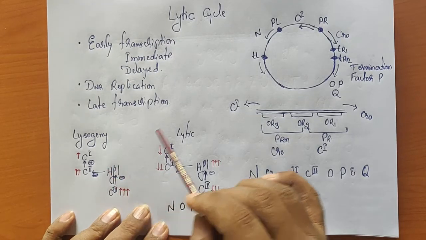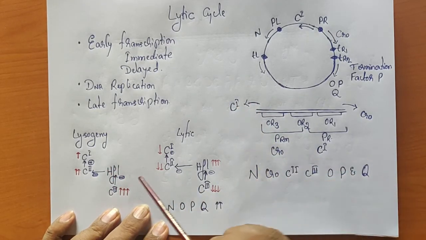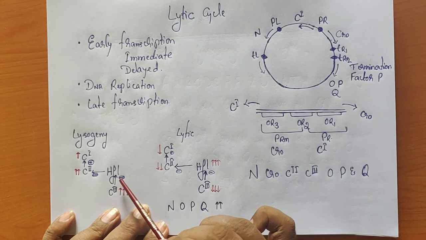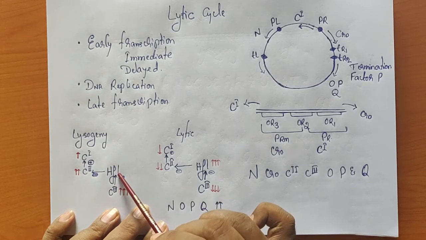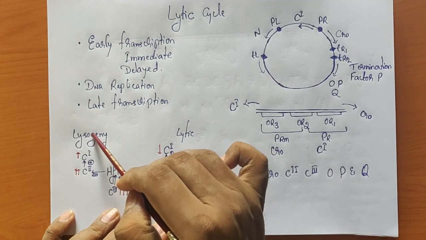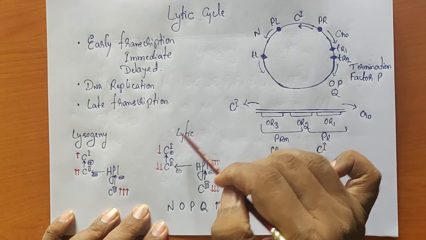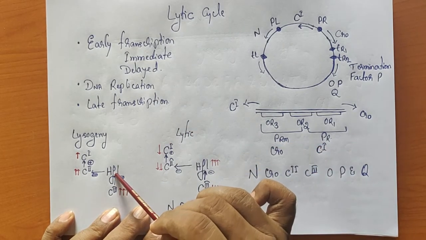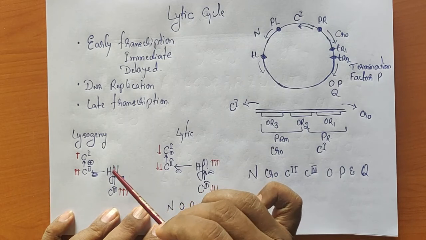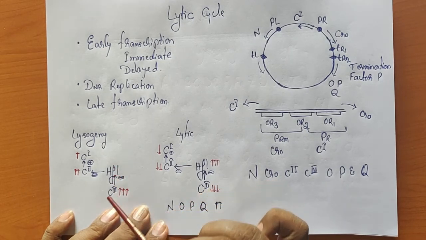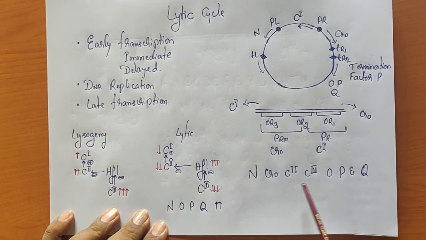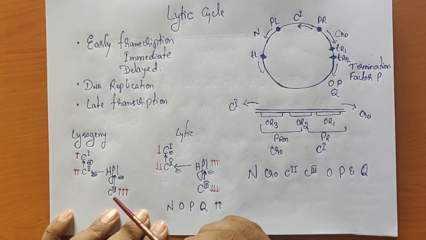So now since it is a host protein, if this host protein is not taken care of, then automatically it will lead to lysogeny. If you want to get into the lytic cycle, now this HFL protease has to be inhibited. Now this HFL protease is inhibited by another regulatory protein, which is the C3.